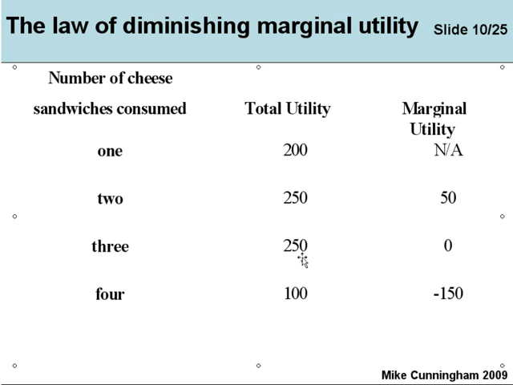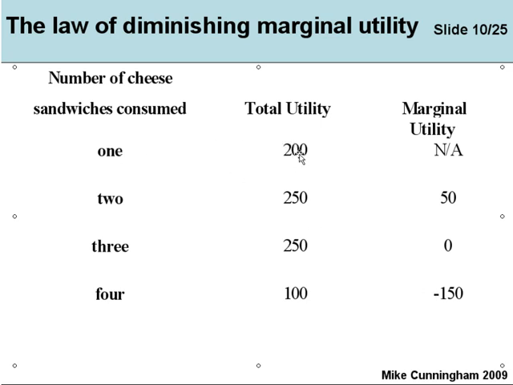You know, the fourth sandwich has made us ill. The fourth sandwich is far too much. We feel nauseated, overfull. Ooh. So our marginal utility from the fourth unit is minus 150. Our pleasure has fallen by 150 units. It's gone down. We've overdone it.